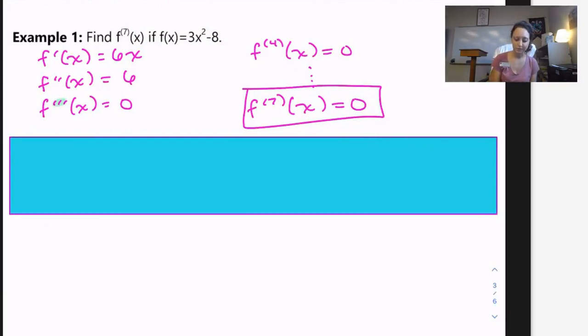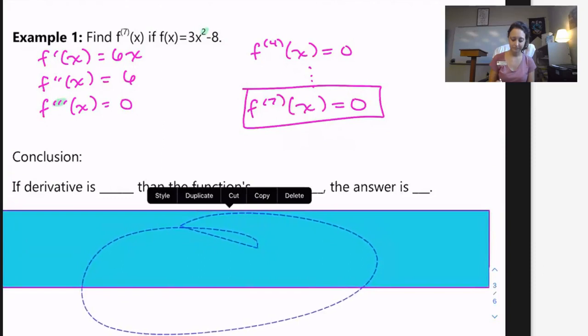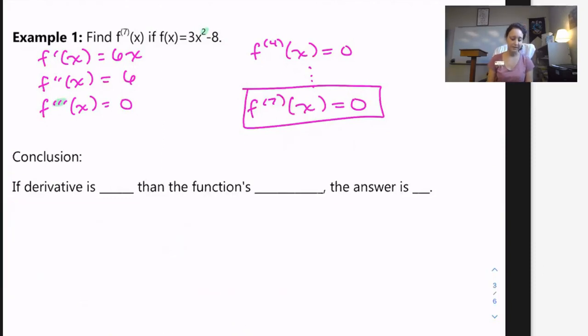Well, take a look at the degree of your original function. It was a 2, right? So once your derivative, like your 3rd derivative, is more than the degree of your polynomial, your original function, then your answer is going to be 0, okay? So let's put that in words. Let's write this together.